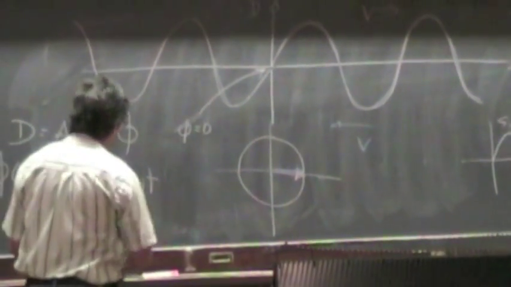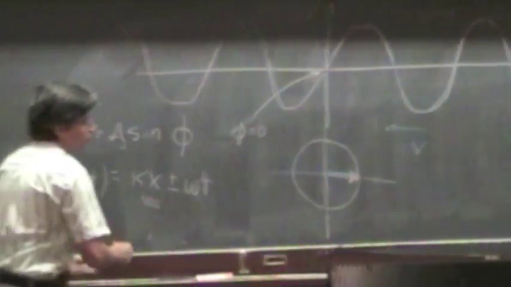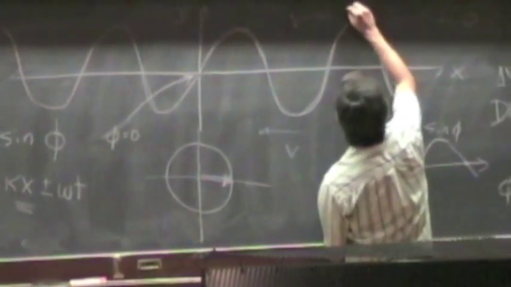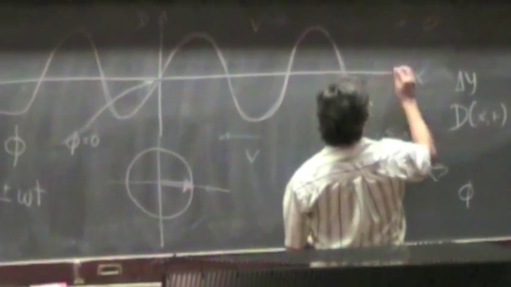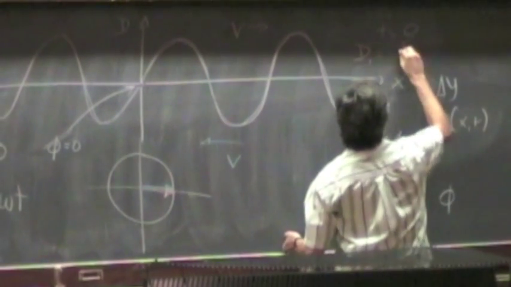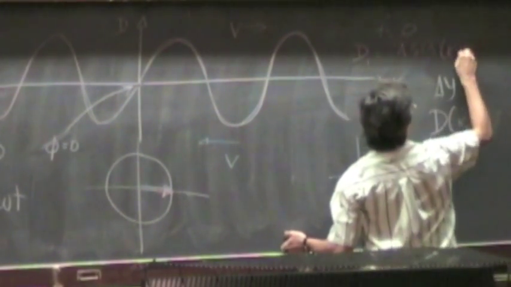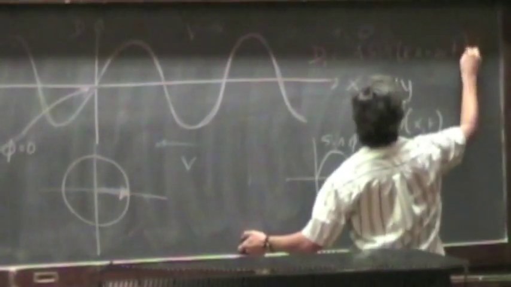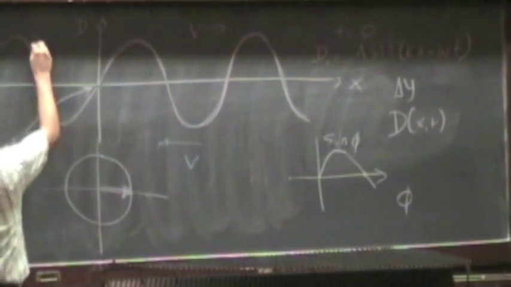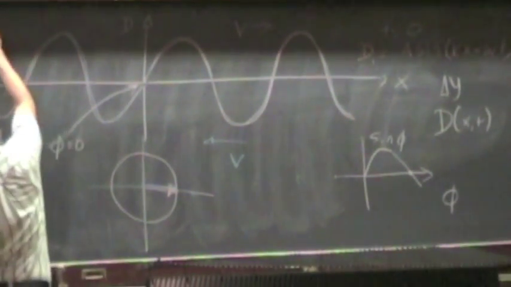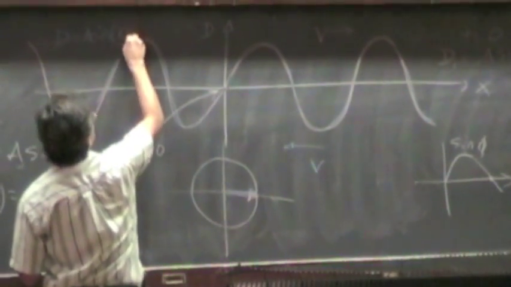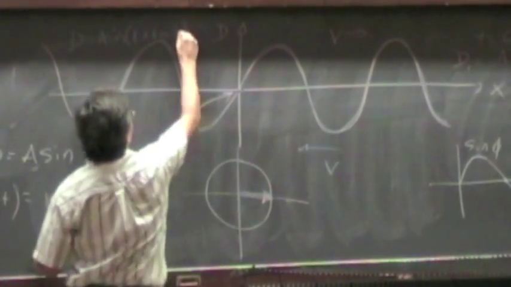That's for the wave that has the negative sign, right? The red one. The displacement of the red one is a sine of kx minus omega t. The displacement for the blue one is a sine of kx plus omega t.